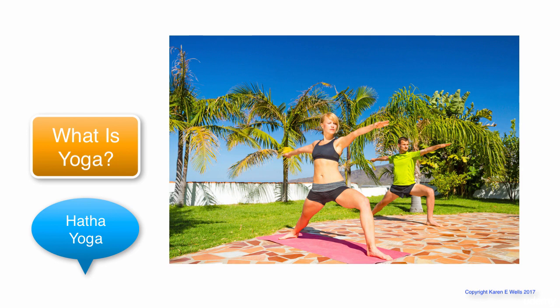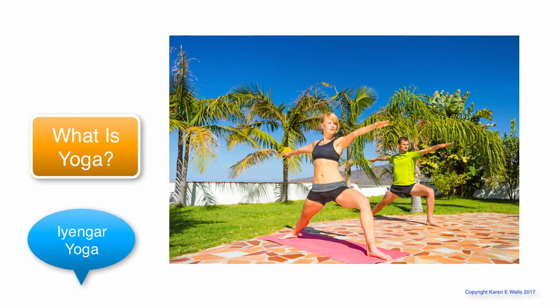It means union, and it's derived from the sun and the moon, meaning balance, and it signifies both consciousness and life force. Once your students start to do it, they'll start to recognize the potential that it's going to give them: toning muscles, strengthening joints, easing the nerves. So let's look at some of the yoga styles.